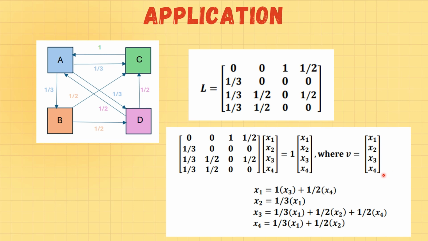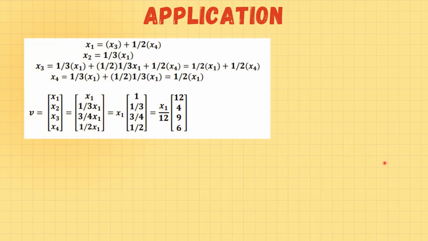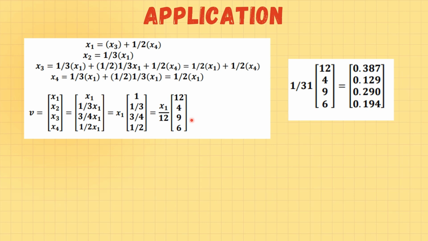From here we can get the system of equations. We just have to substitute to make x2 in terms of x1. From here we derive x1 over 12, 4, 9, 6, which is actually the vector.